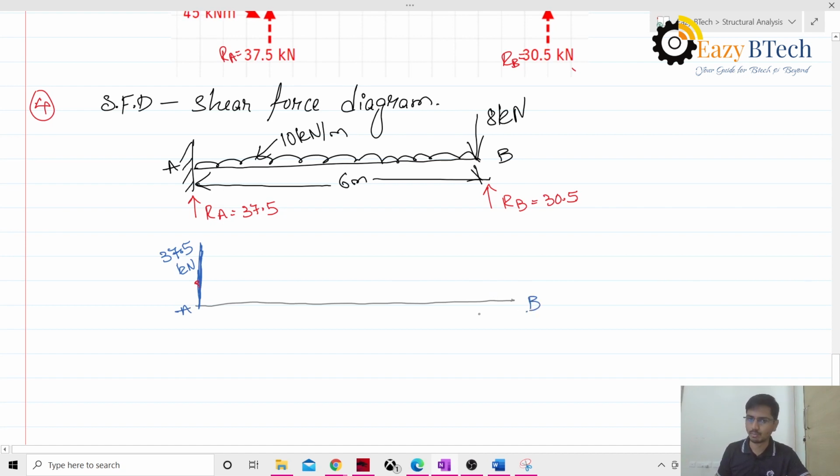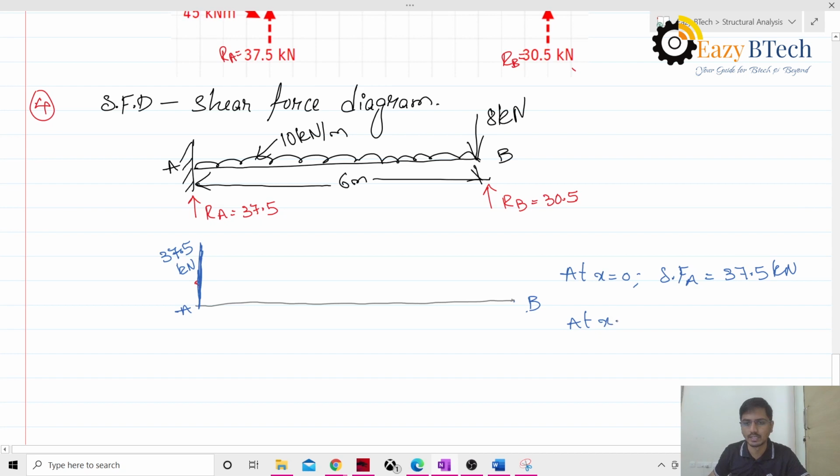Now coming back to the point B, we don't have any center point. We can take the point if you want, but let us directly go to point B. How to find the shear force at B? At x equal to 0, my shear force at A is equal to 37.5 kN.